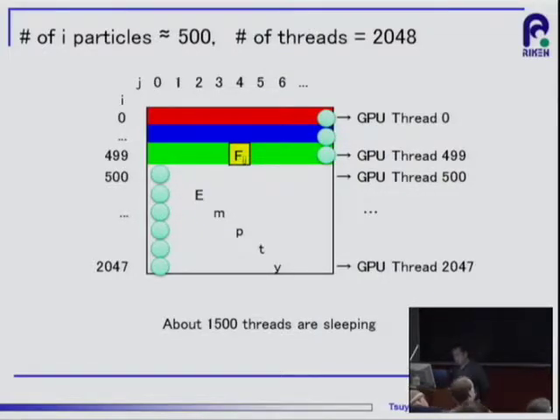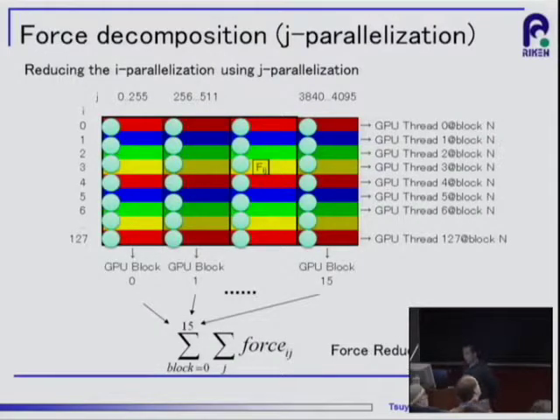So we prepare another version of the CUNBODY 1 library for the tree algorithm. The change we add to our library is the force decomposition. In the force decomposition, all GPU threads are divided into 16 blocks, and each block calculates the same 128 i particles.